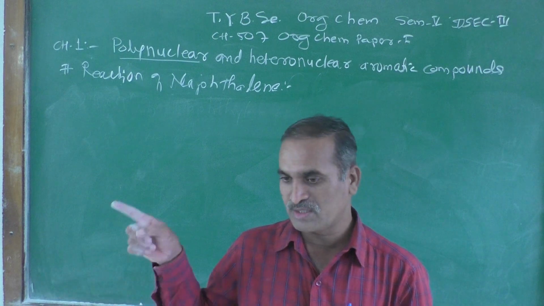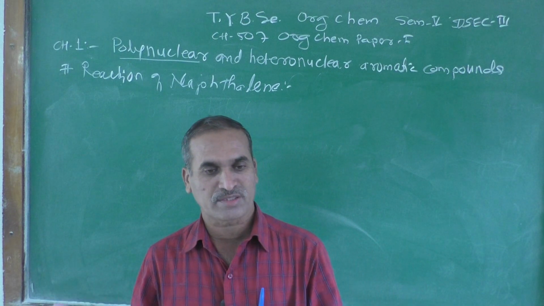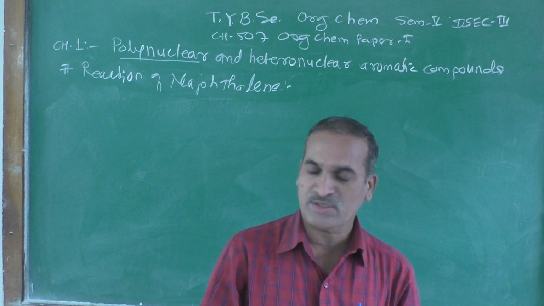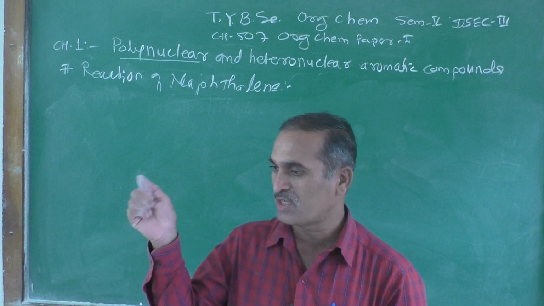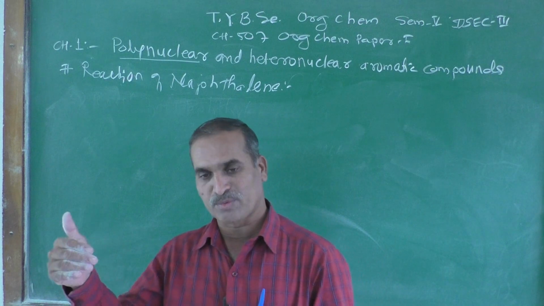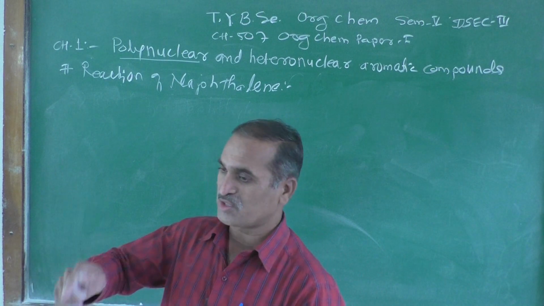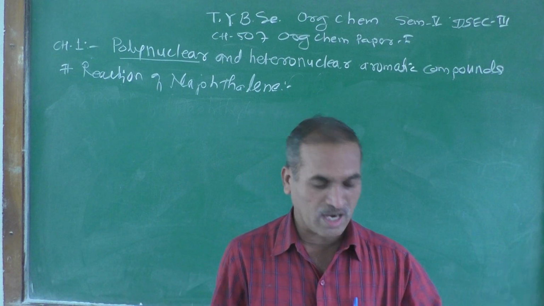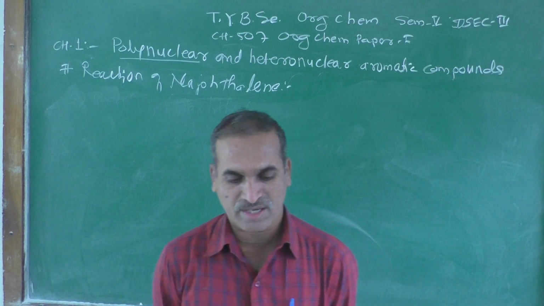And another one is the Friedel-Crafts acylation reaction. That means, in an electrophilic substitution reaction, one of the hydrogen atoms gets replaced by the acyl group, RC=O, in presence of Lewis acid. That reaction is known as the Friedel-Crafts acylation reaction.